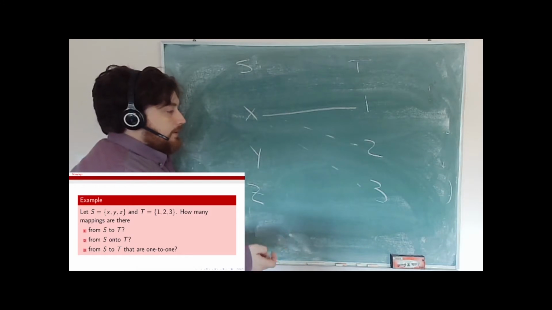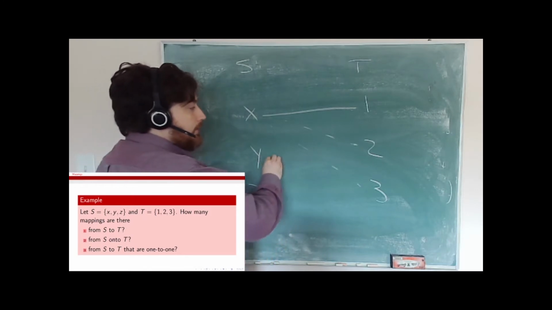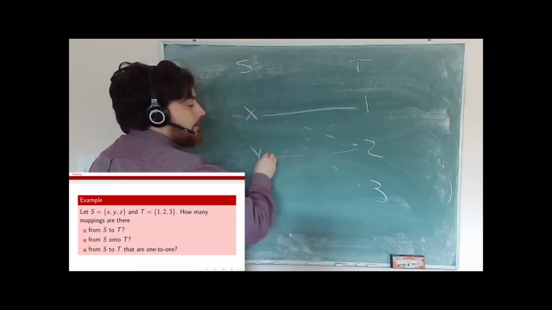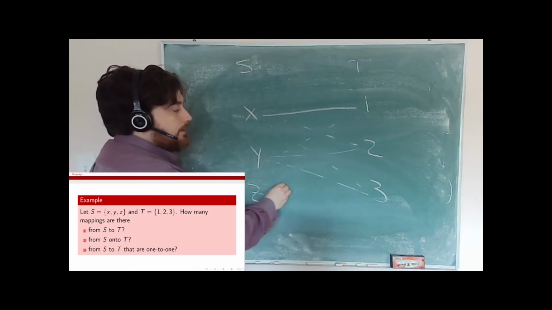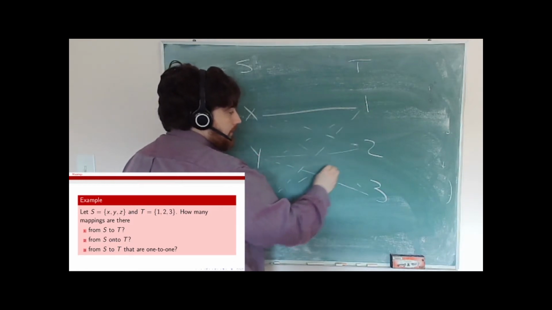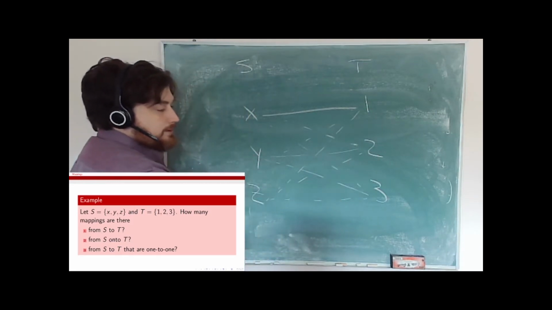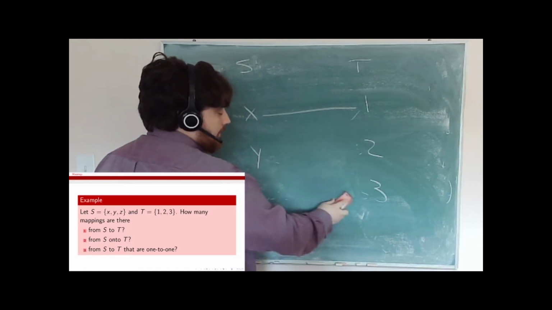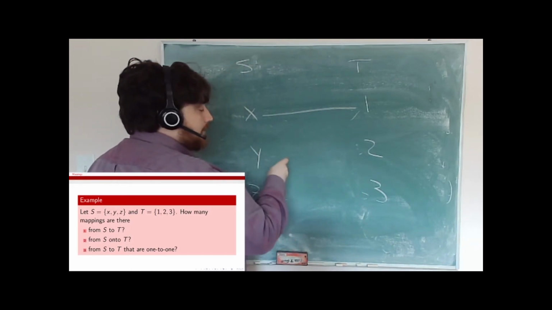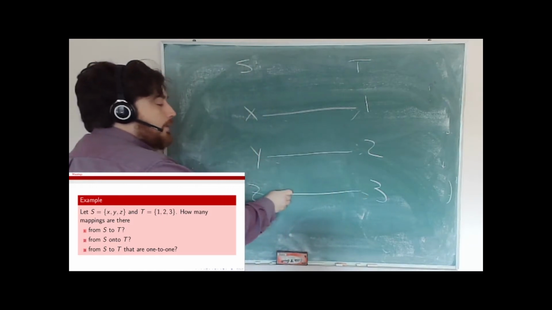Now, Y can go to 1, it can go to 2, and it can go to 3. So I have 3 different options for Y, and the same thing with Z. I have 1, 2, 3 different options, and so the idea is that I could have something like X goes to 1, Y goes to 2, and Z goes to 3 would be one mapping.